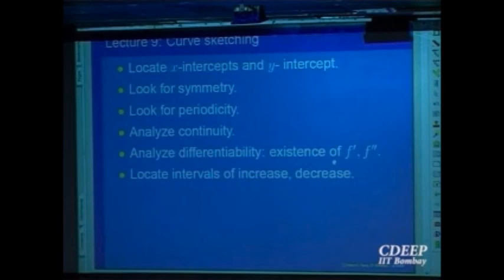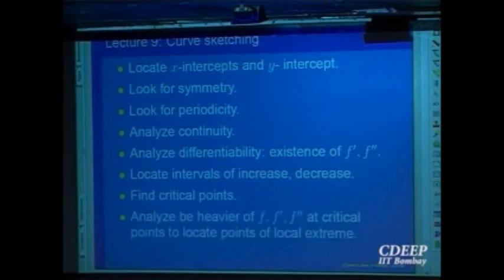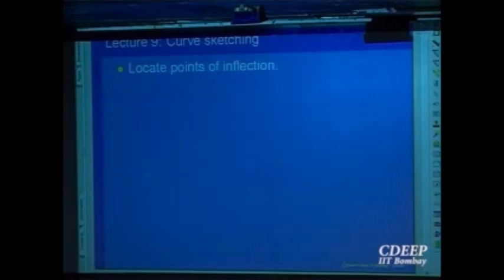That will give you increasing, decreasing, right? Then intervals of increase, decrease, critical points, local maxima, local minima, locate points of extrema, locate regions of convexity, concavity by looking at the second derivative, if the second derivative exists, or by the first derivative itself, we used to be able to say sometimes.